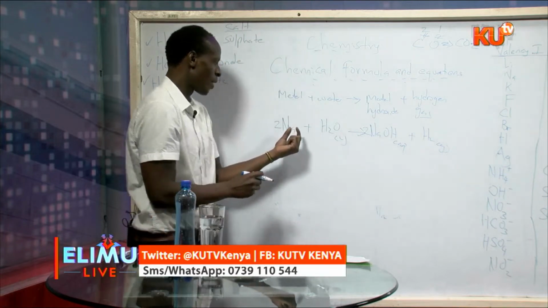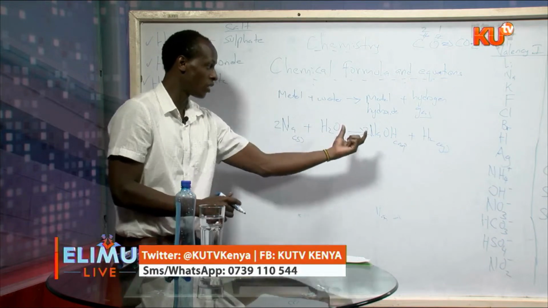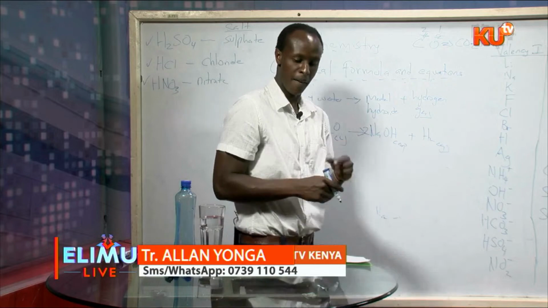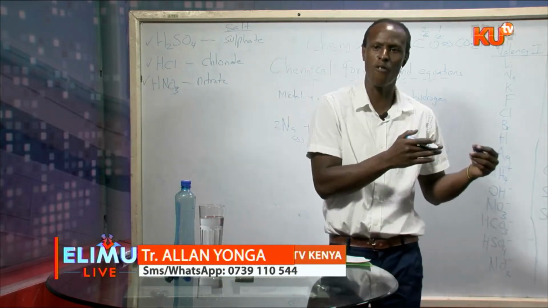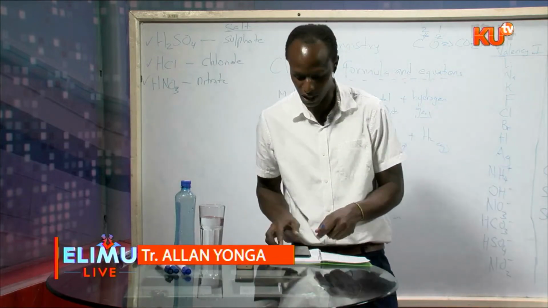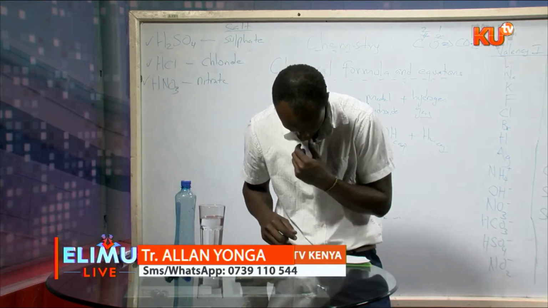So it means 2 molecules of sodium react with 2 molecules of water to give you 2 molecules of sodium hydroxide and 1 molecule of hydrogen gas. But when you start working with writing the correct chemical formula, you can build on balancing slowly by slowly. Practice makes perfect. If you do more practice, balancing will become simple.